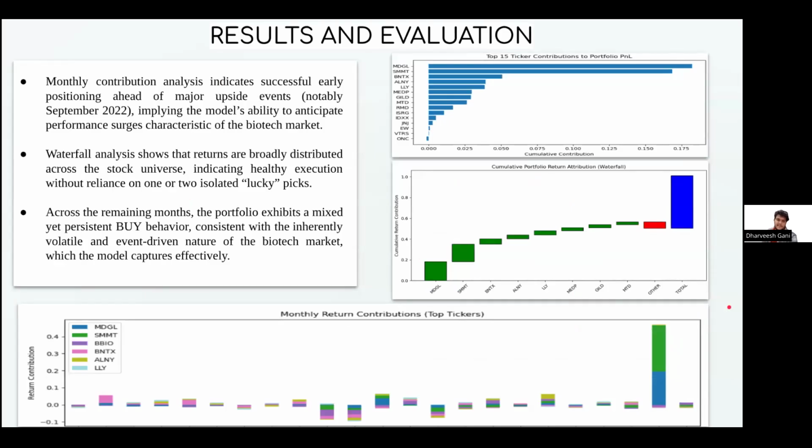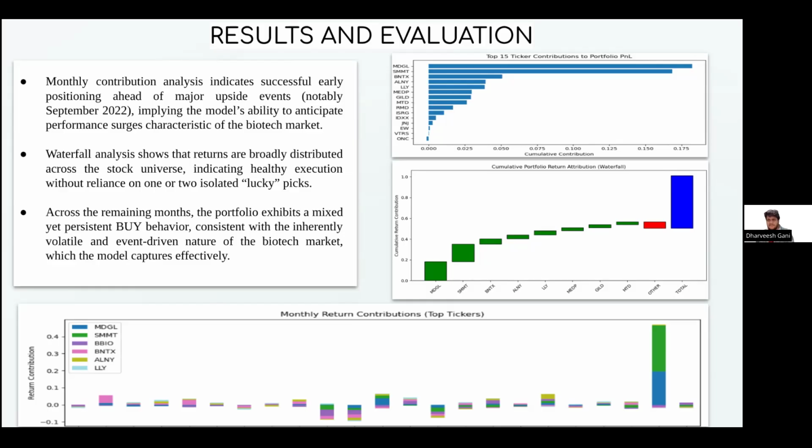During each rebalancing, over these 24 months, the buy bucket did not change hugely, and this is where we calculate the regime persistence. The buy bucket almost always had the same composition of stocks.